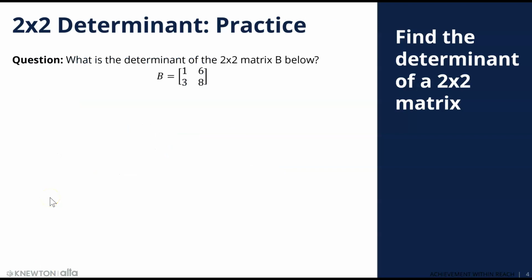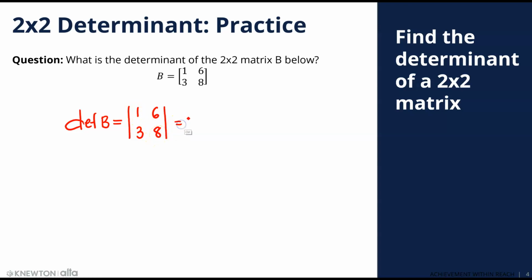For example, what is the determinant of the 2x2 matrix B below? To compute for the determinant, we use the notation det B is equal to this, then we list down or use the straight line bracket for the matrix. And then we get the product of the diagonal entries here, 1 times 8.